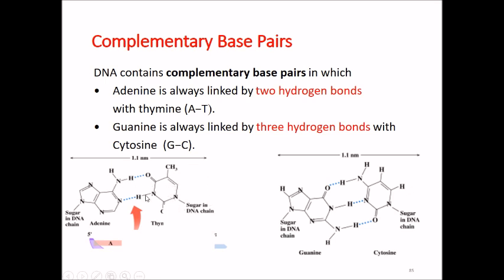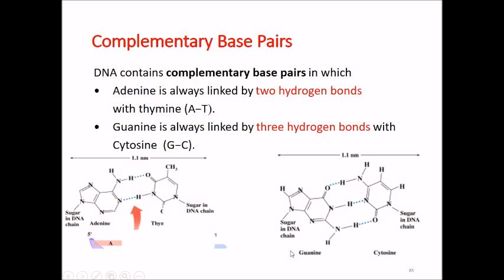So as you can see here, adenine only, okay, bonds with thymine in DNA. If in RNA, they only bond with uracil, and they form two hydrogen bonds.